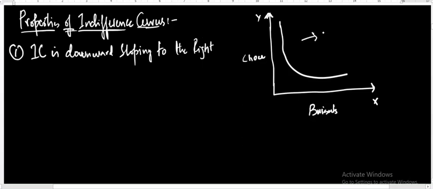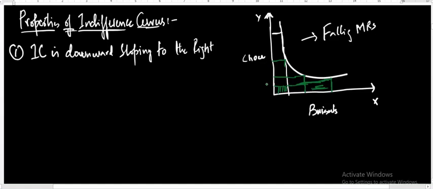I have already talked about this. It is because of the falling marginal rate of substitution, which means that as I have more and more of the biscuits, I am going to give less and less units of the chocolates.